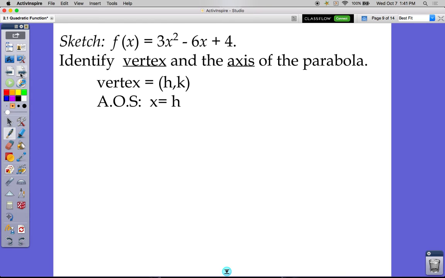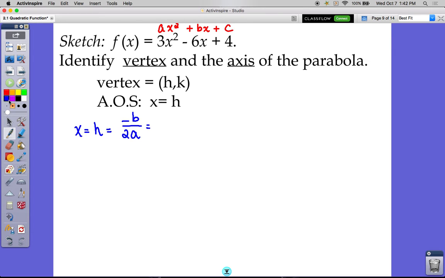First things first. I know that I can find my vertex, where h, which is the x value of the vertex, is located at -b over 2a. And again, if you don't remember, this is ax squared plus bx plus c.